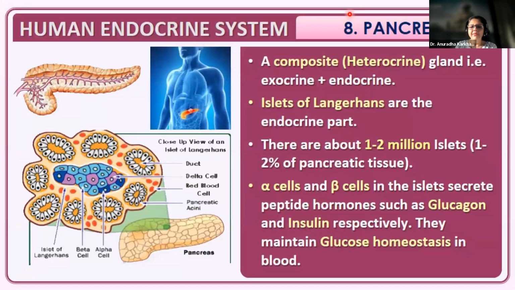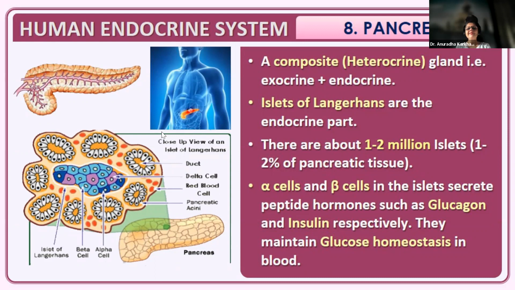Well, now this is something which is pancreas, which we have done again in the chapter of digestion. So a composite, that is heterocrine organ, which is exocrine as well as endocrine. Islets of Langerhans are the endocrine part. They are about 1 to 2 million in number, 1 to 2% of the pancreatic tissue. We know that they have got alpha cells and beta cells.